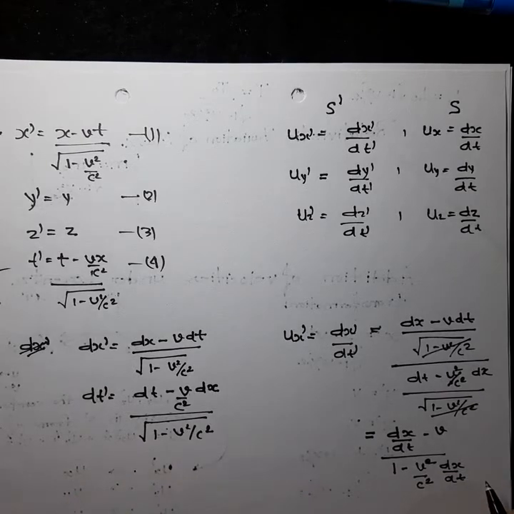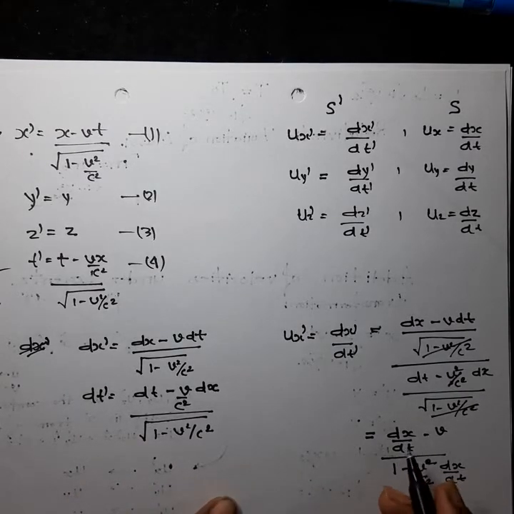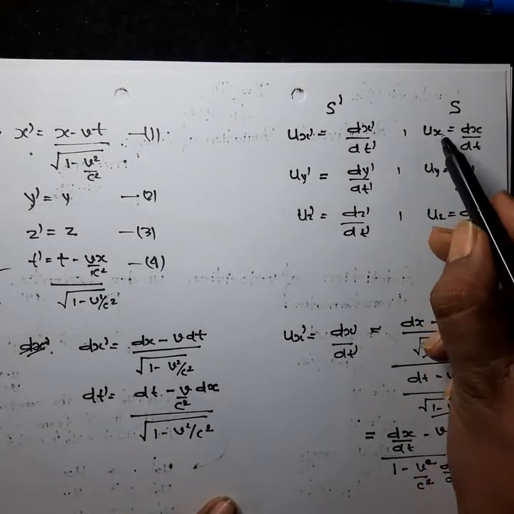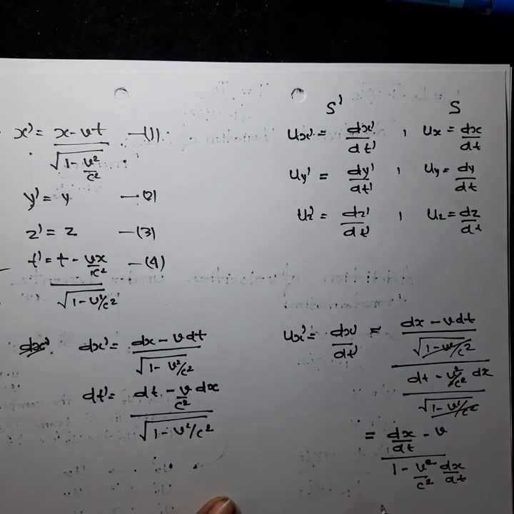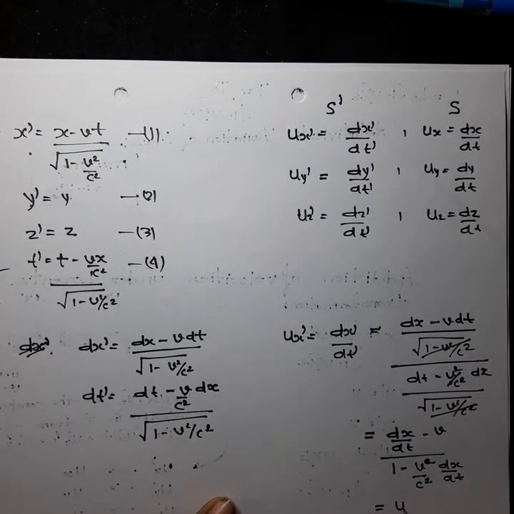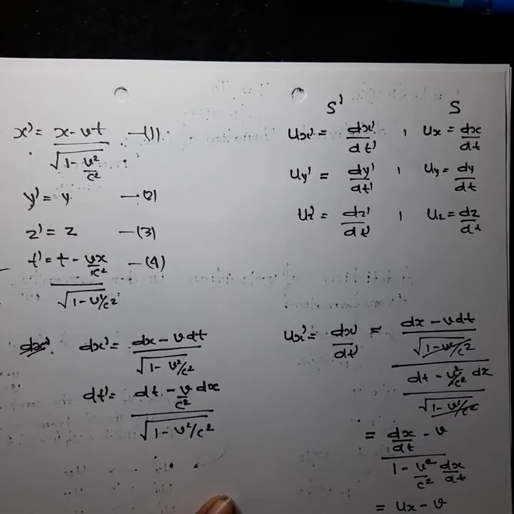What is dx by dt? Dx by dt is ux. Clear? So you can write ux minus v is equal to 1 minus v square ux by c square. This is ux dash.